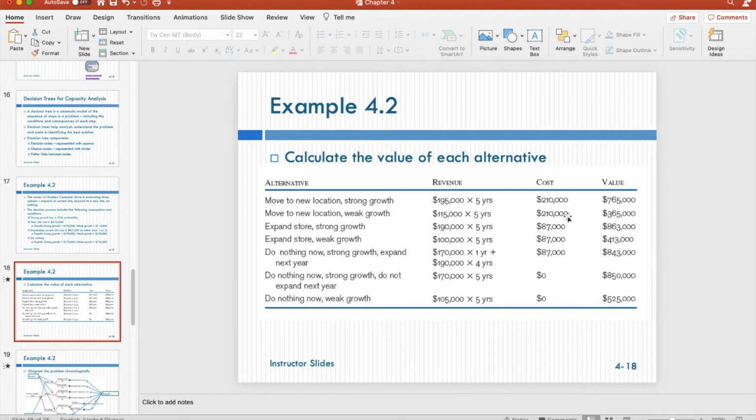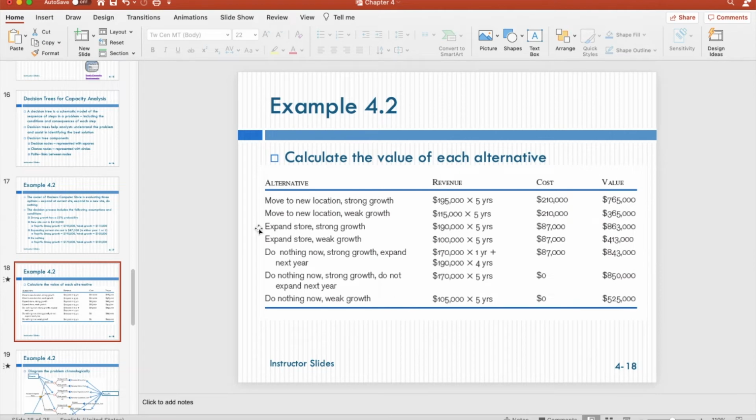The revenue decreased, so this amount minus 210,000 gives you 365,000. So even if you move to the new site, if you meet the weak growth, your profit will drop a lot, from 765,000 to 365,000. These are the two possible outcomes if you decide to move to a new site.